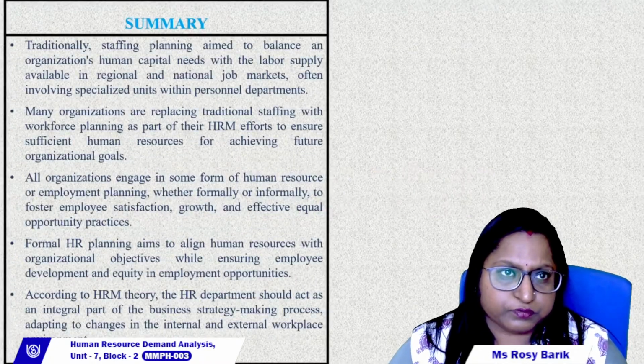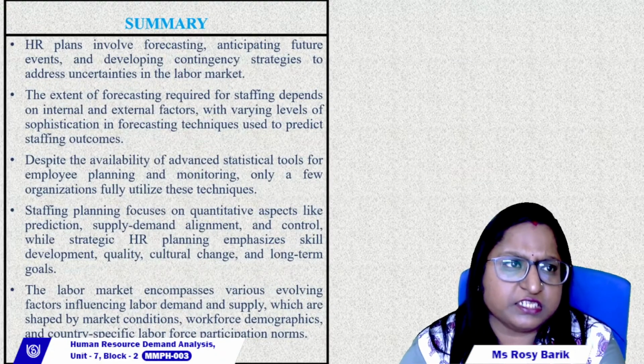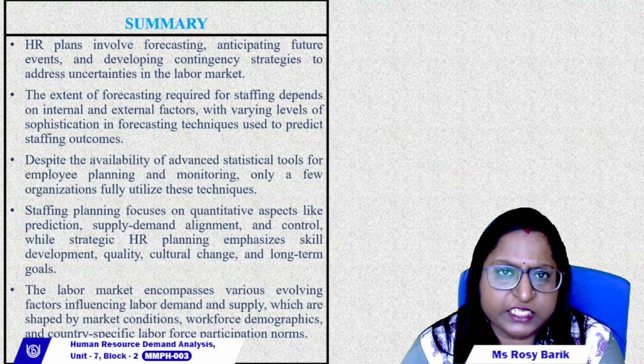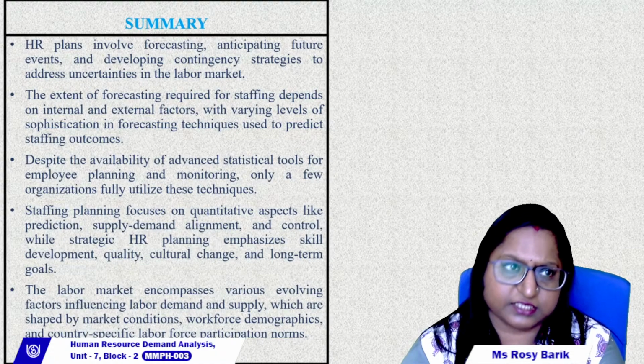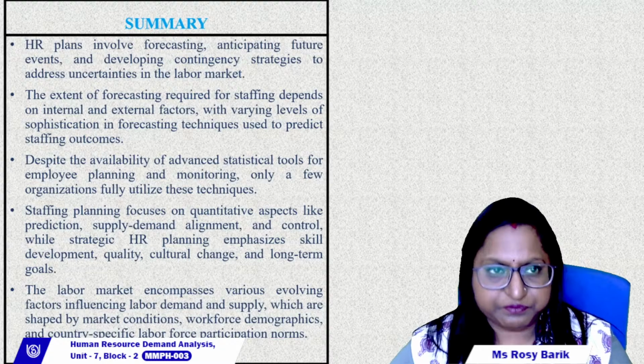So the summary: in total, in this class we have discussed HR plans that involve forecasting, anticipating future events, and developing contingency strategies to address the uncertainties in the labor market.